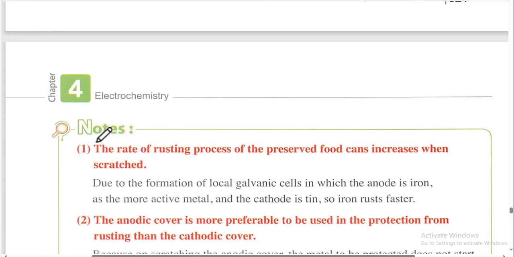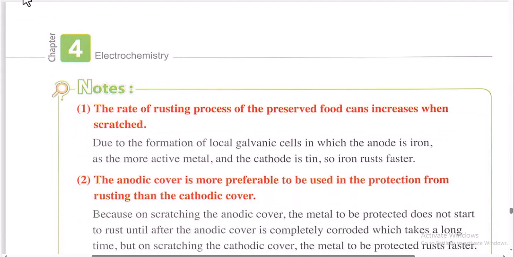There are some notes we have to speak about. First, the rate of the rusting process of preserved food cans increases when scratched. We know that the preserved food can is steel covered with tin.